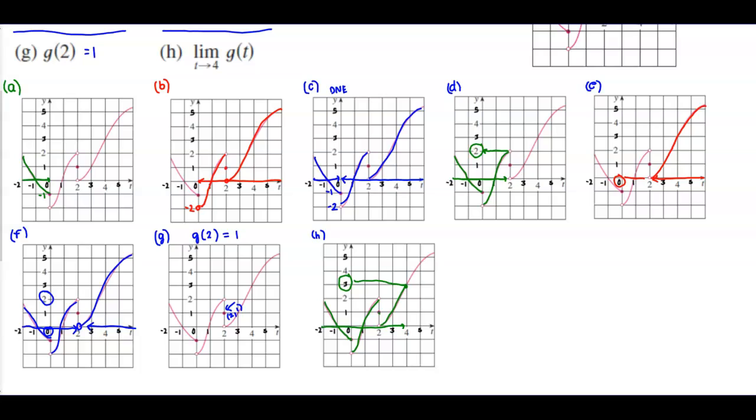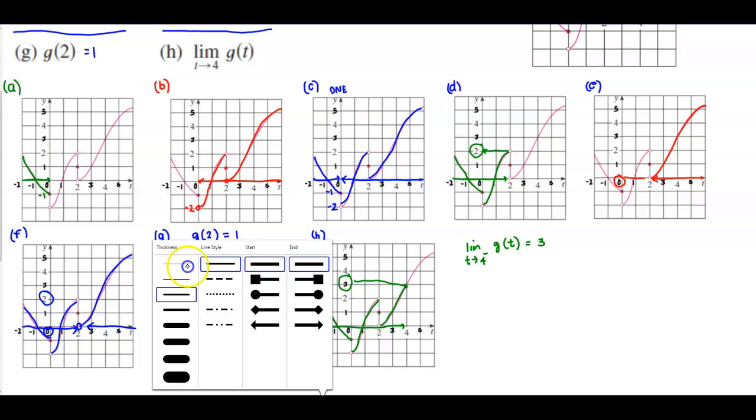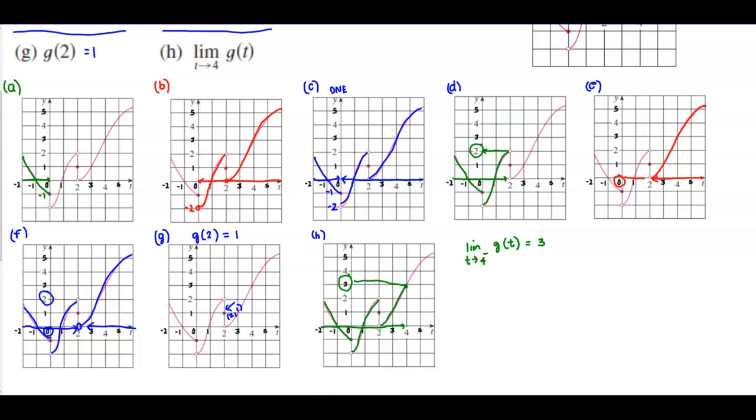So that tells us that the limit as t approaches 4 from the left of the function g of t is equal to 3. Now let's see what happens when we start from the right. As the function g of t is approaching 4 from the right, we can see that it also goes to 3.